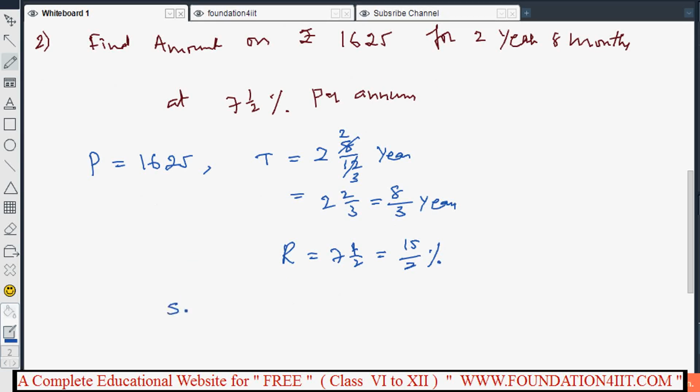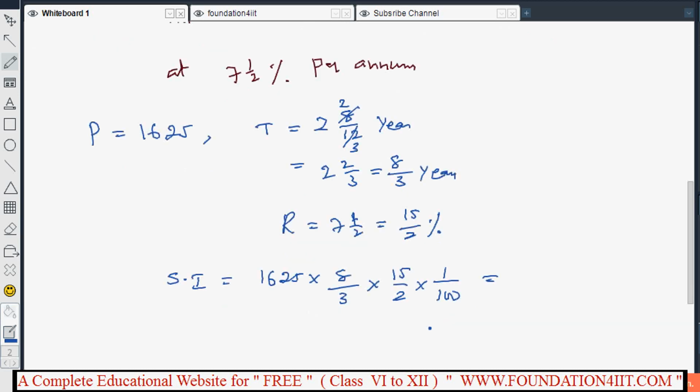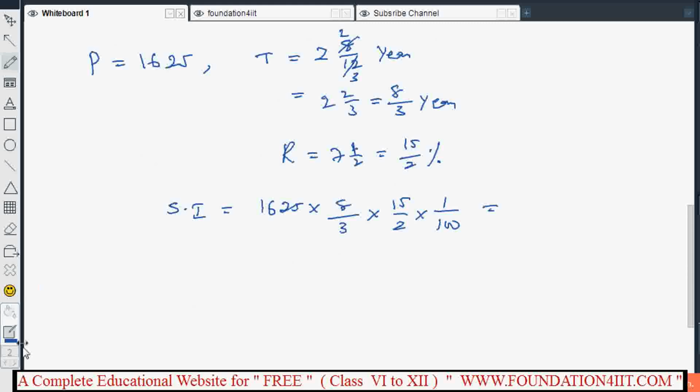Okay, these data if you substitute in the formula, you'll get the amount. First of all, find the simple interest. PTR by 100. So I am writing 1625 is principal, T, time is 8 by 3, R is 15 by 2 by 100. So that is into 1 by 100. Right? Now by solving this, we can cancel. 1 0, 5 0.